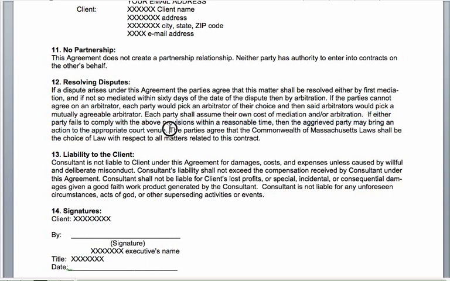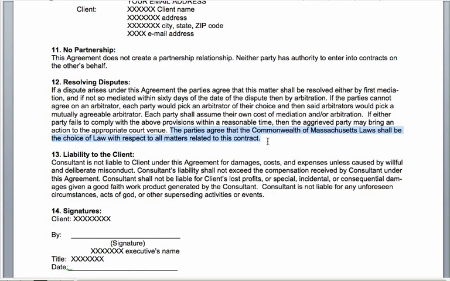And what you also want to do is, when you're specifying the court venue, specify that your home state's laws are the laws that pertain to this agreement and disputes regarding this agreement. So if, say, you're in Massachusetts, then you'd specify that the Commonwealth of Massachusetts laws govern this agreement and disputes regarding it.